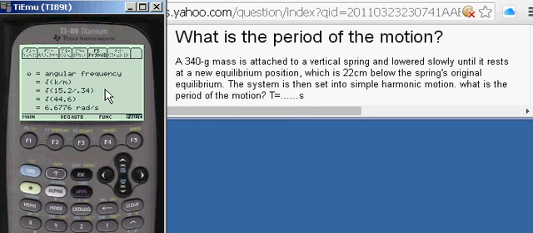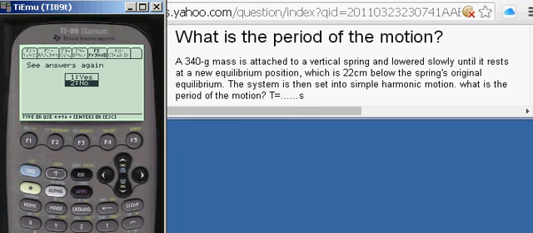That allows us to find the angular frequency, square root of K over M, and that becomes 6.6776. Because we found the angular frequency, we can find the period, 2 pi over omega, which is angular frequency, of course, and equals 0.94093 seconds.